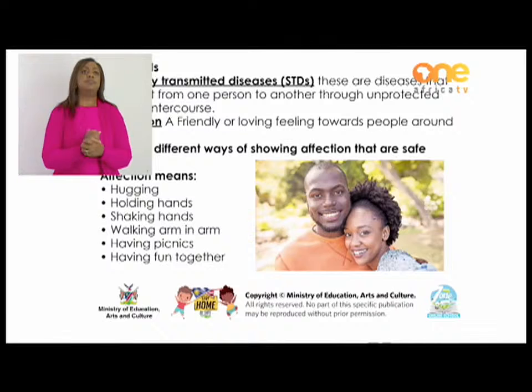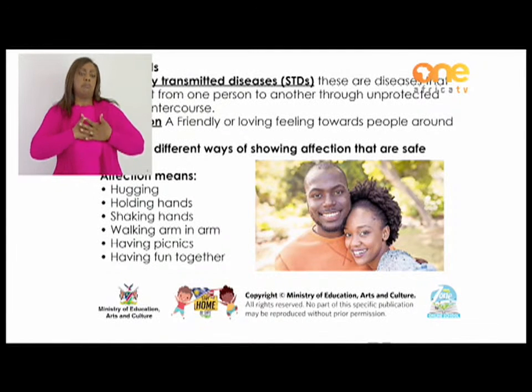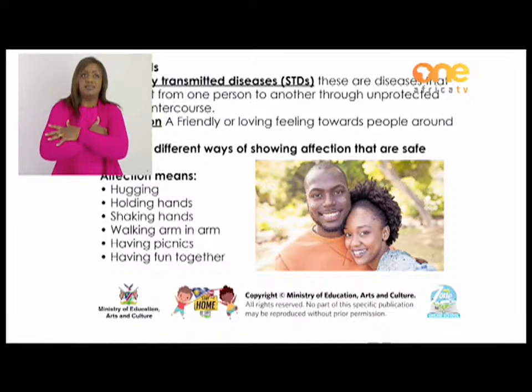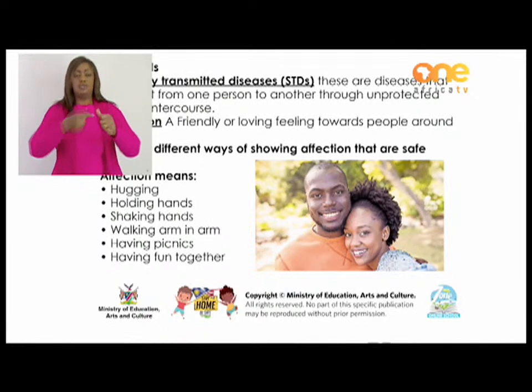Our first competence says a learner in grade 7 must be able to describe different ways of showing affection that are safe. The different safe ways of showing affection are: hugging, holding hands, shaking hands, walking arm in arm, having picnics, having fun together, and kissing.